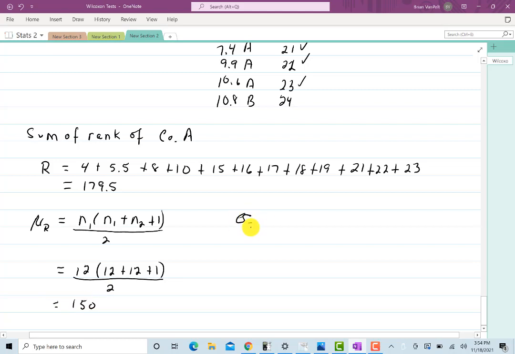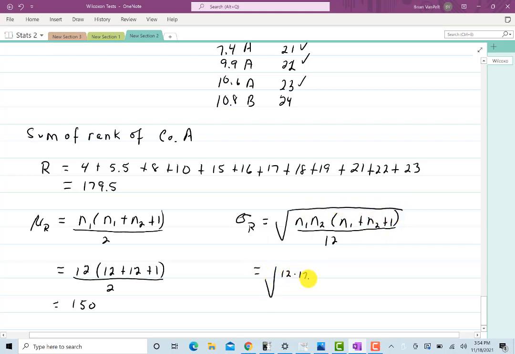And then for sigma sub r, we have n1 times n2 times n1 plus n2 plus 1, all of that divided by 12 on the inside of the square root. So I'll have 12 times 12 times 12 plus 12 plus 1, divided by 12.